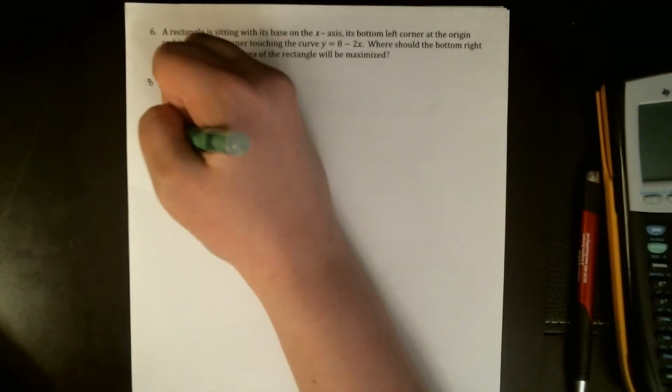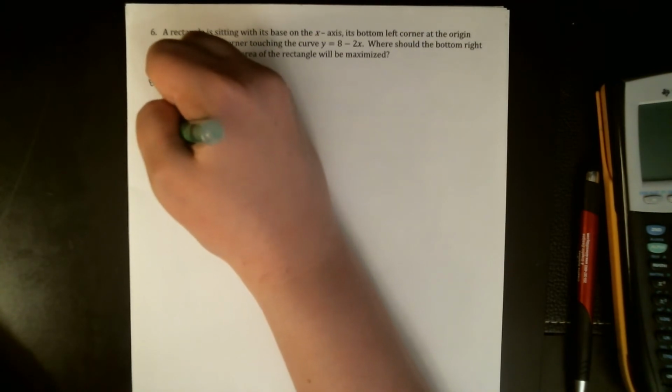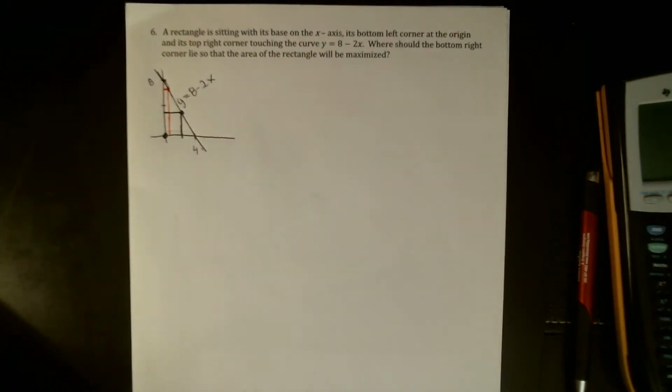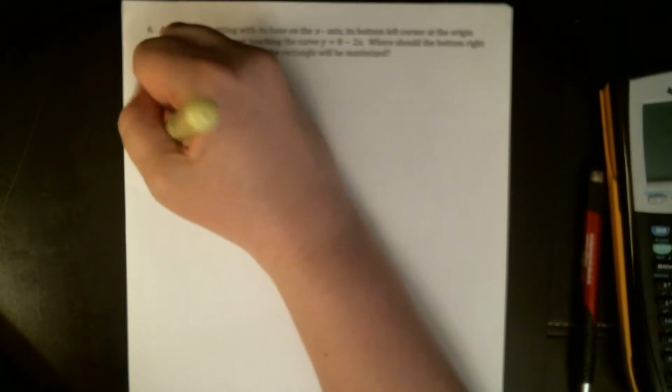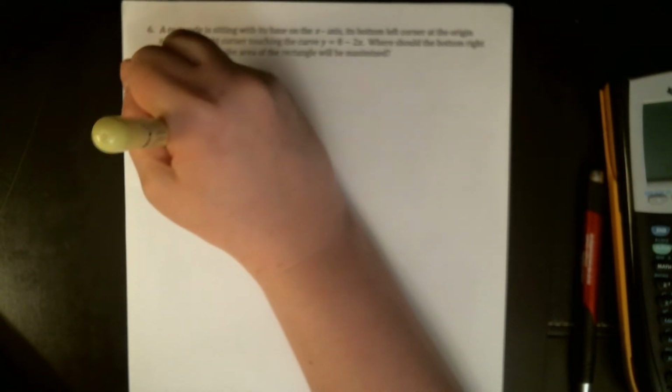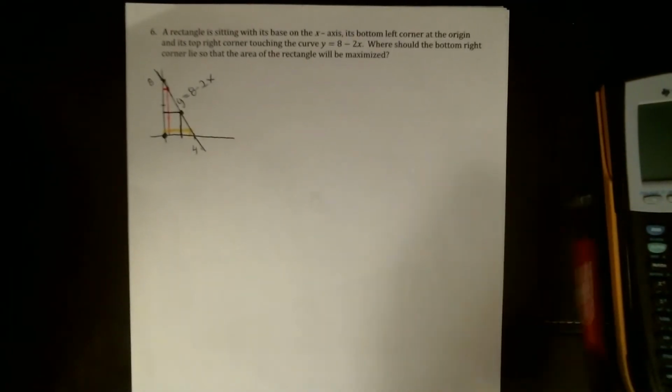And then if we go really close to our x-intercept, we're going to get a really short but really wide rectangle. So that's what we're trying to balance out. If we get this thing taller versus if we get this thing wider, how do we get the most possible area involved? So generally it's somewhere kind of in the middle. So this is just an idea of what the rectangle might look like.